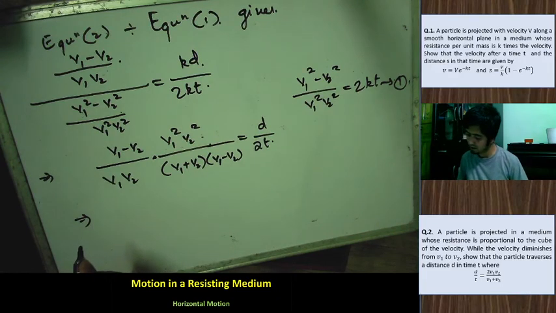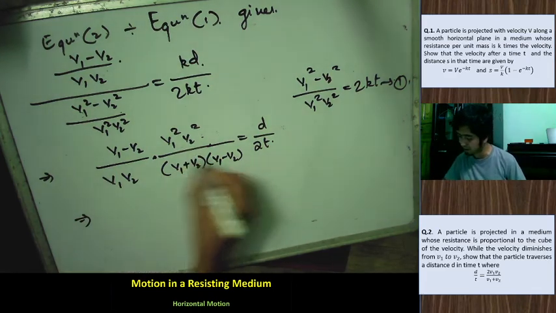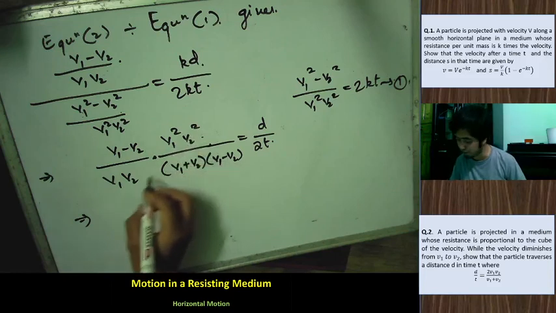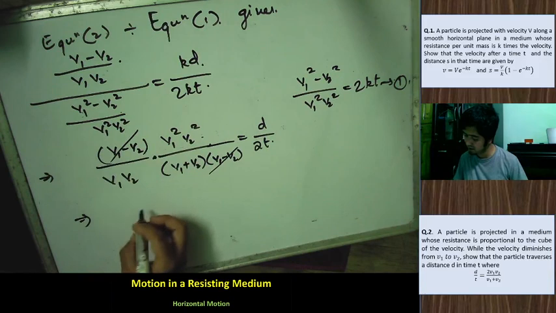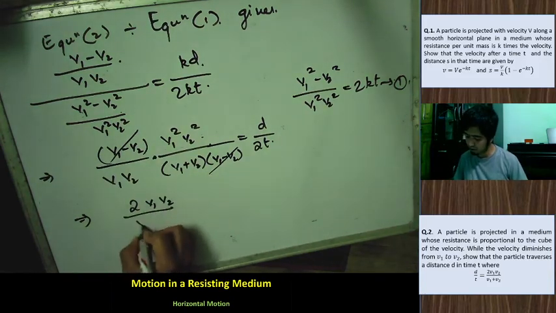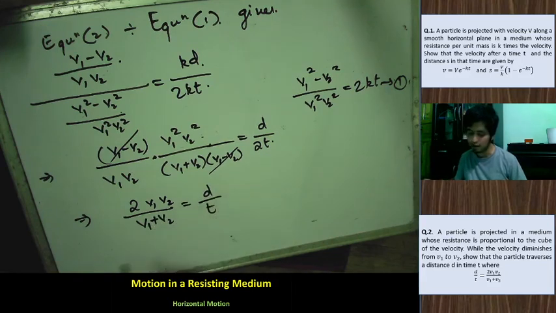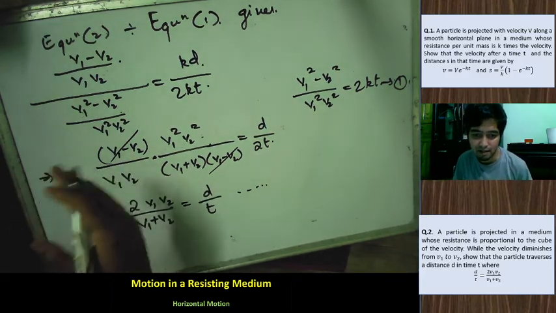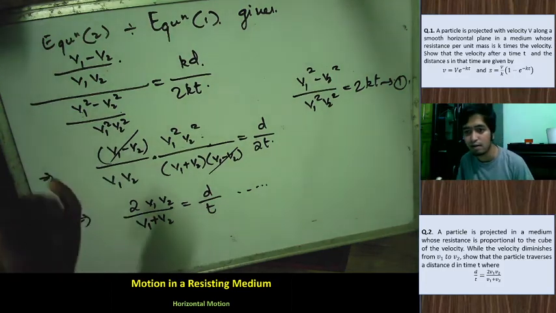You can cancel v1 v2 with v1 square v2 square, and similarly this one you can cancel with this. So we will be having 2 v1 v2 by v1 plus v2 equal d by t, which is the required expression. As you can see, it's very simple. We just have to know integration and we just have to find the equation of motion next time.